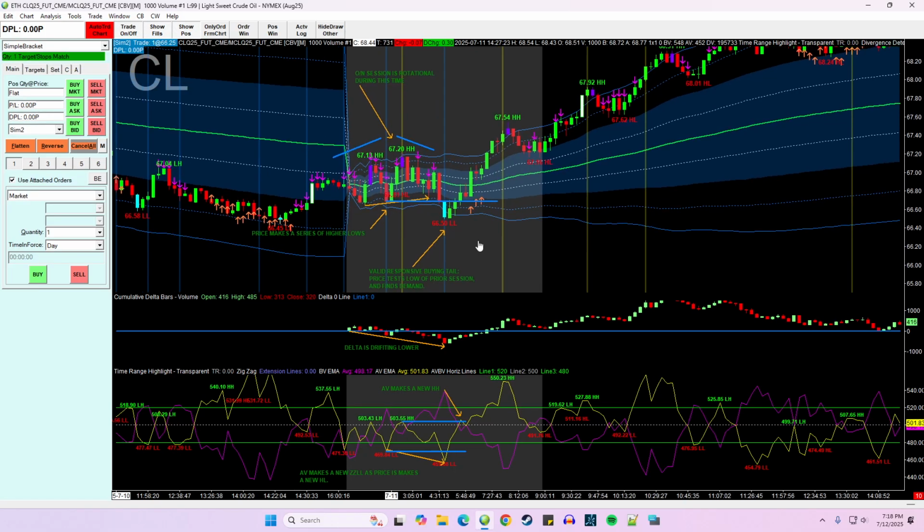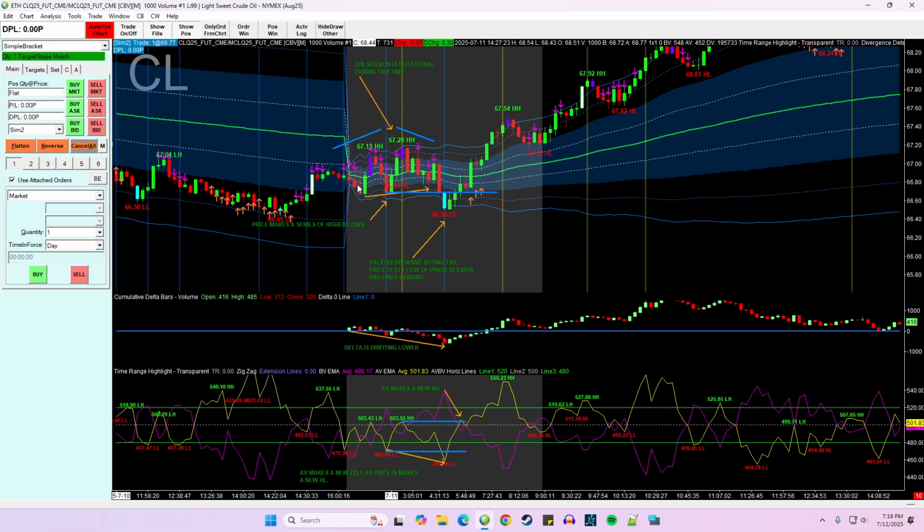Now, the interesting thing is that from the overnight session, delta is essentially drifting lower. It's pretty anemic, but it's just kind of drifting lower until we hit that lower low here and retest the prior low from the session, and that's where we find demand.